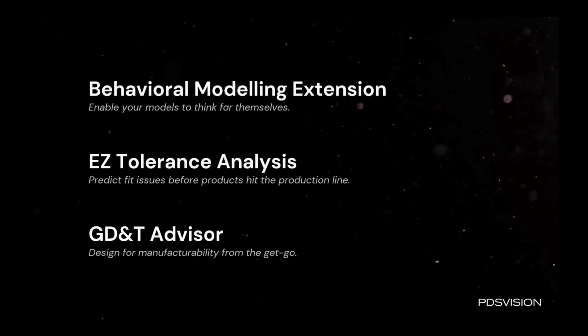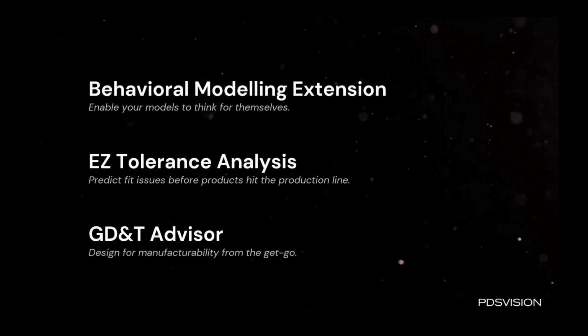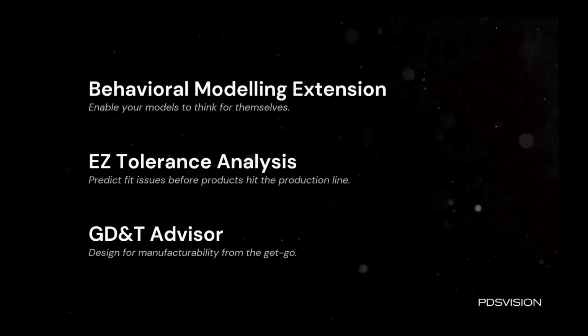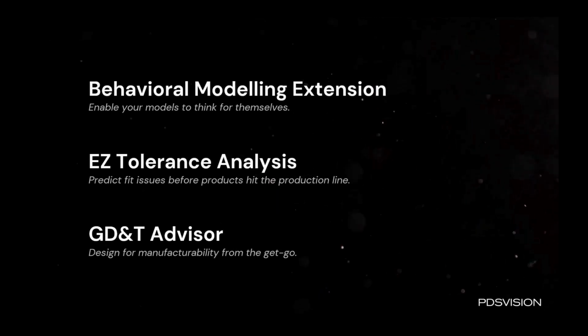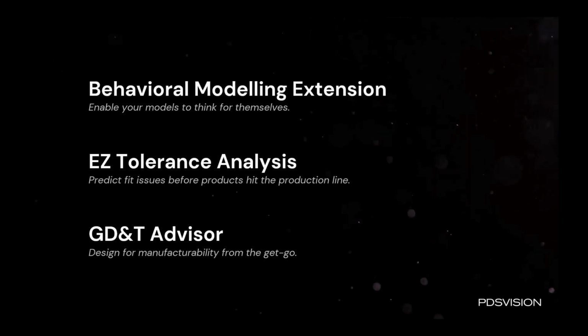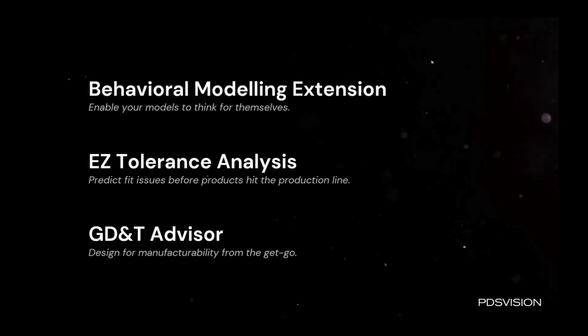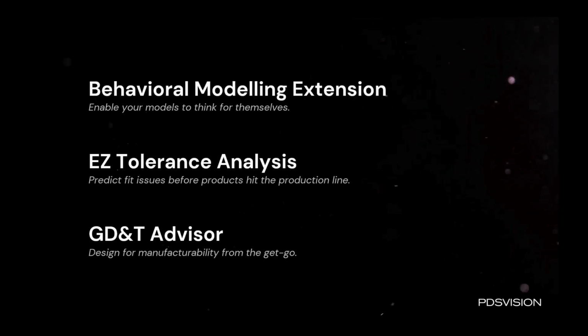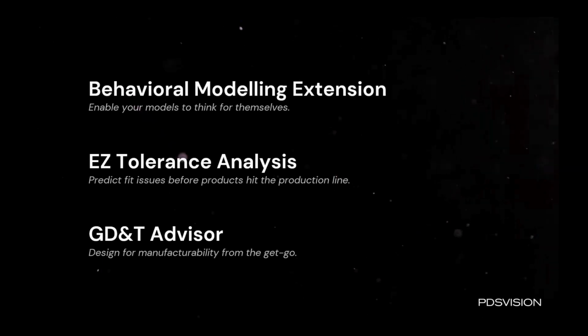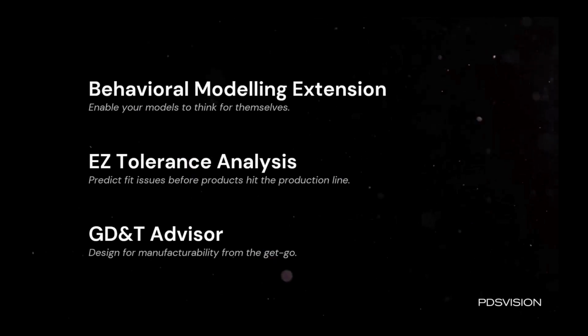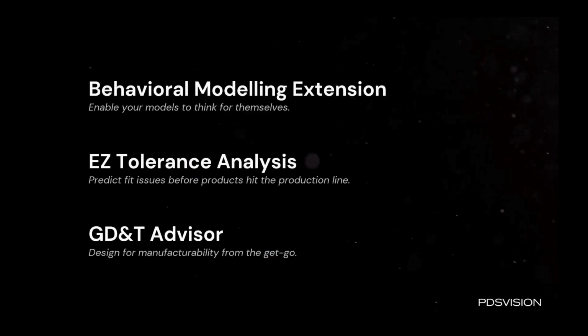We're going to take a look at the behavioral modeling extension, which builds in an intelligence within your models that you may not be aware that you could do at the moment. We're going to have a look at easy tolerance analysis, so predicting fit issues on the production line. And then we're going to take a look at GD&T Advisor, which is a tool for assisting and guiding your users through applying these geometric dimensions and tolerances to your models and adhering to particular standards.